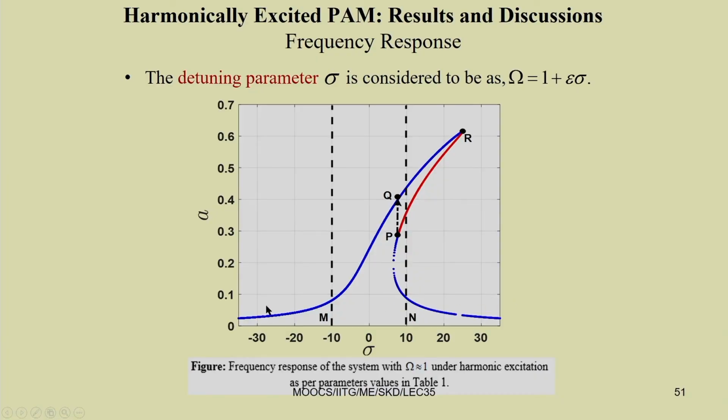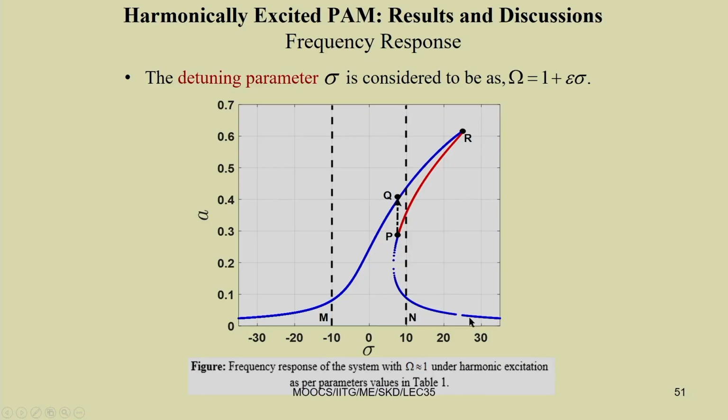But by using this closed form solution, you can find this frequency response within a fraction of a second, whereas you may require huge computational time if you use the Runge-Kutta method.